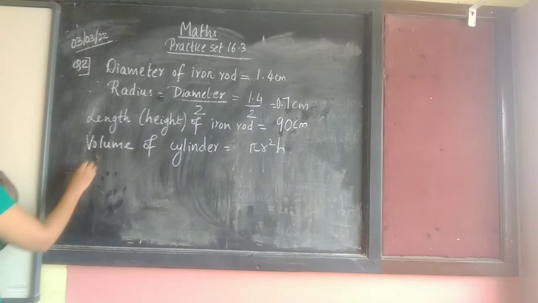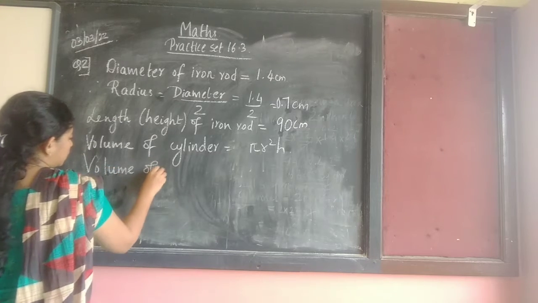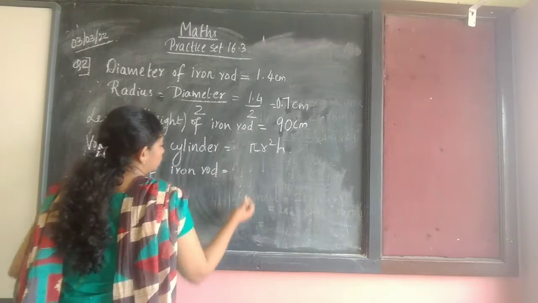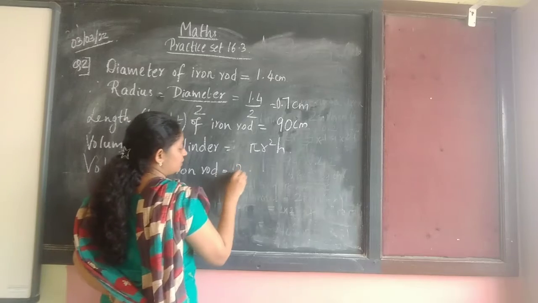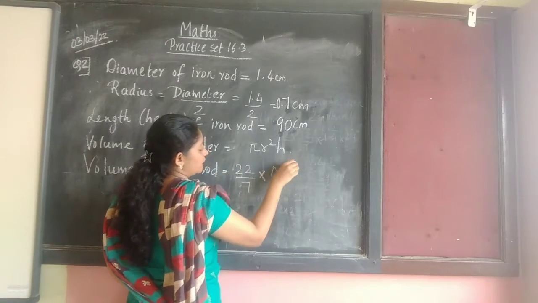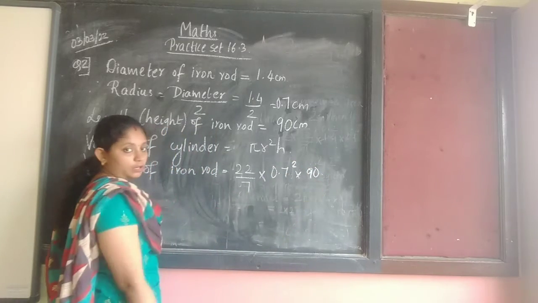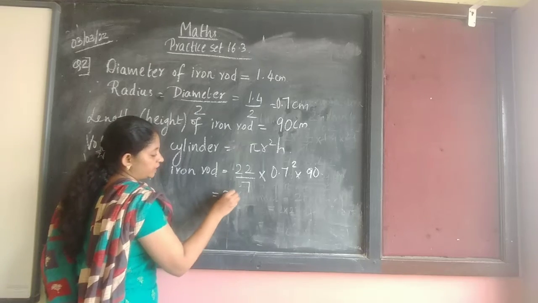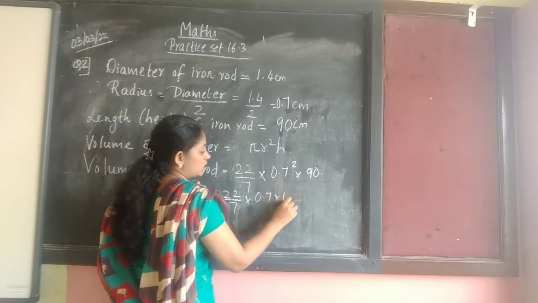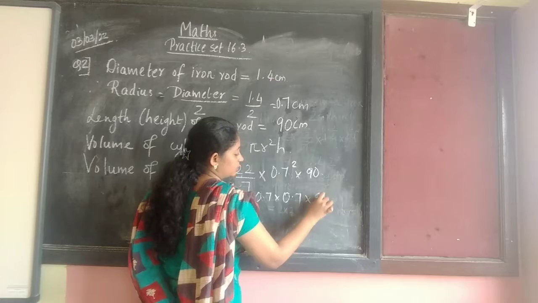Now substitute the values. We are finding the volume of the iron rod. Volume of the iron rod is equal to, the value of pi is 22 by 7, into 0.7 square, that is the radius, height is 90. How to solve further? 22 upon 7 into 0.7 into 0.7, into 90.